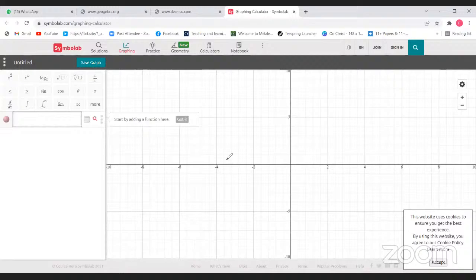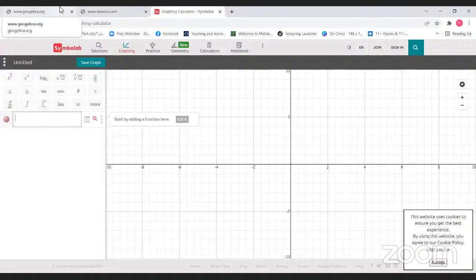GeoGebra was not loading, so this one is called Symbol Lab.